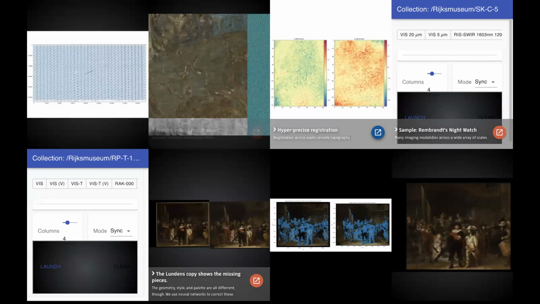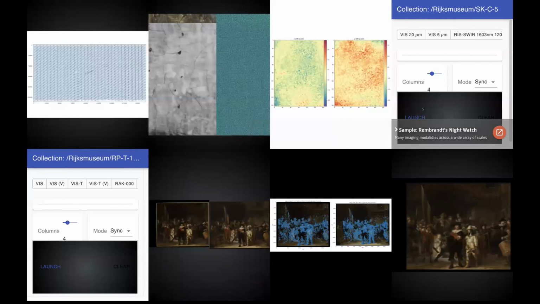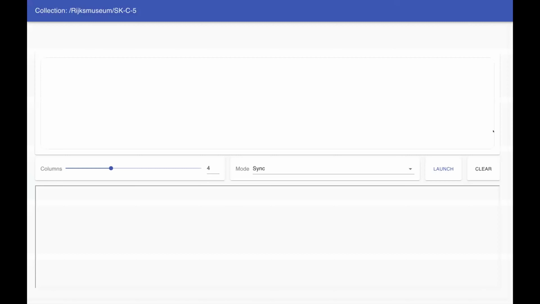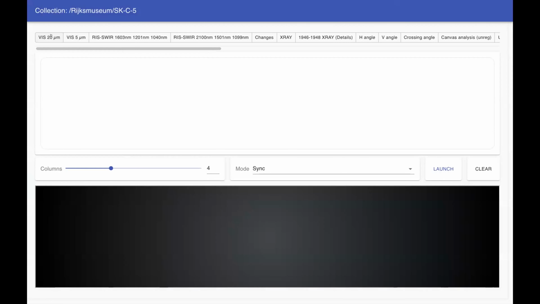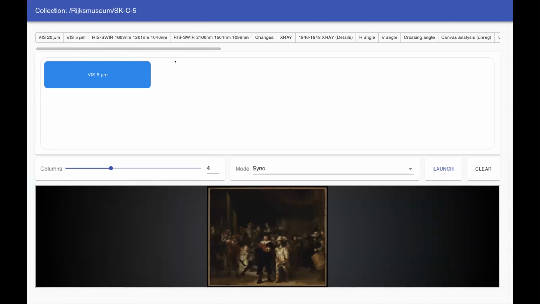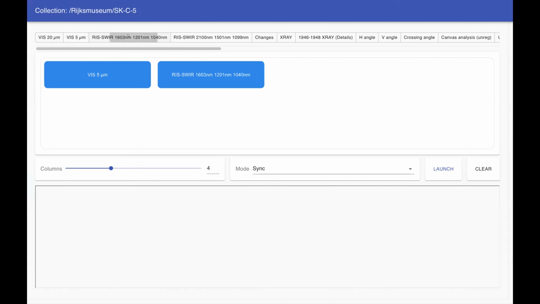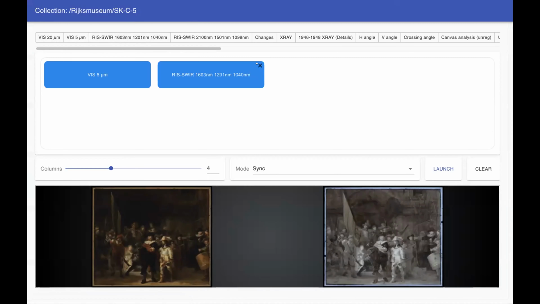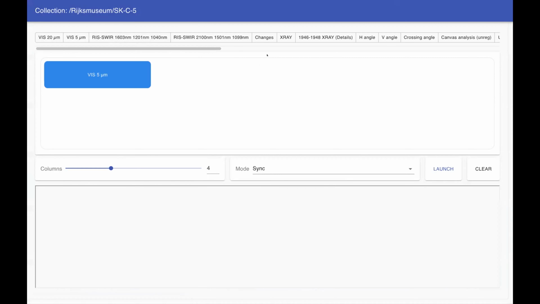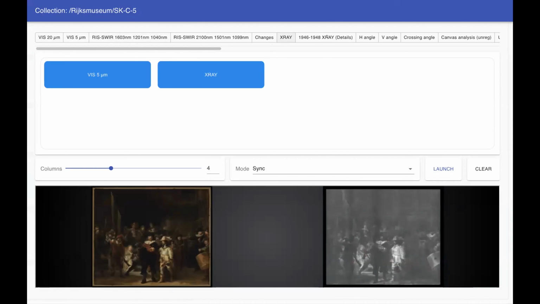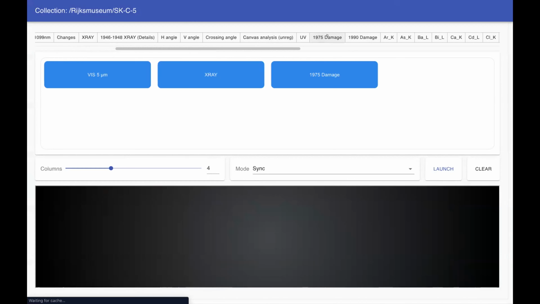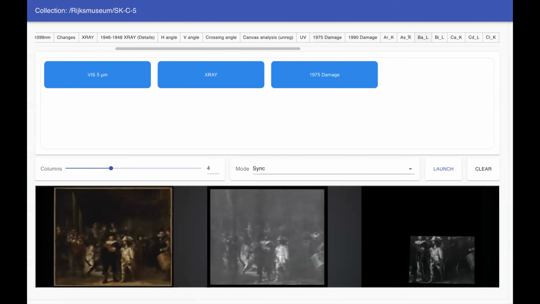This then works across arbitrary image types. As an example of what we would do for the Night Watch, here we have a 5 micron resolution image of the Night Watch, hyperspectral images, which can be computed and registered across scales, radiographs, historical documents, for example, photos of the historical slashing attack, macro X-ray fluorescence, and so on.